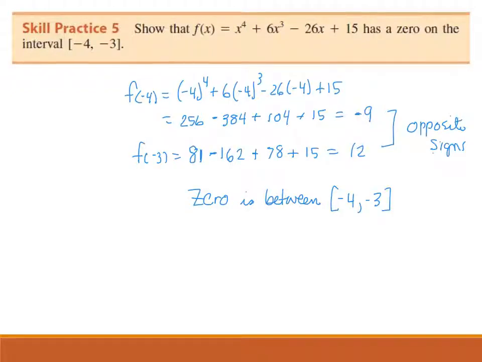So here's our answer. We have f evaluated at negative 4. We get a negative 9. When we evaluate at negative 3, we get a 12. We notice that they are opposite signs, so that means there must be a 0 between negative 4 and negative 3 in this function.